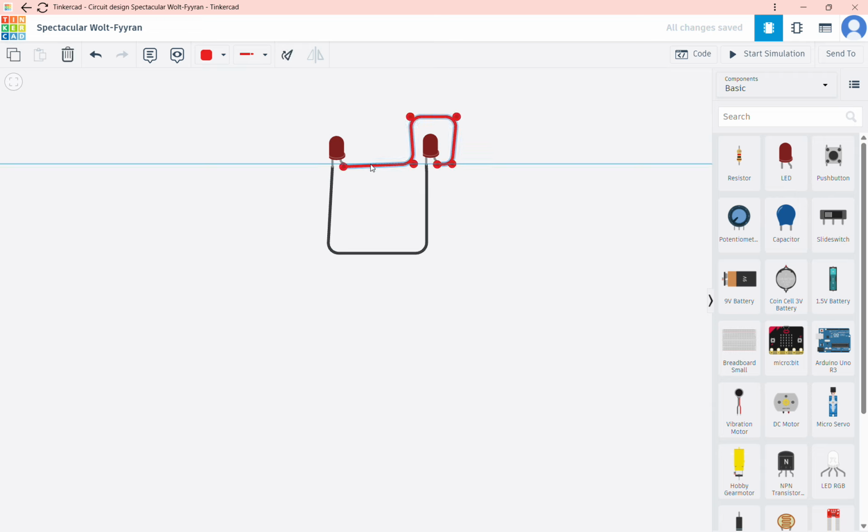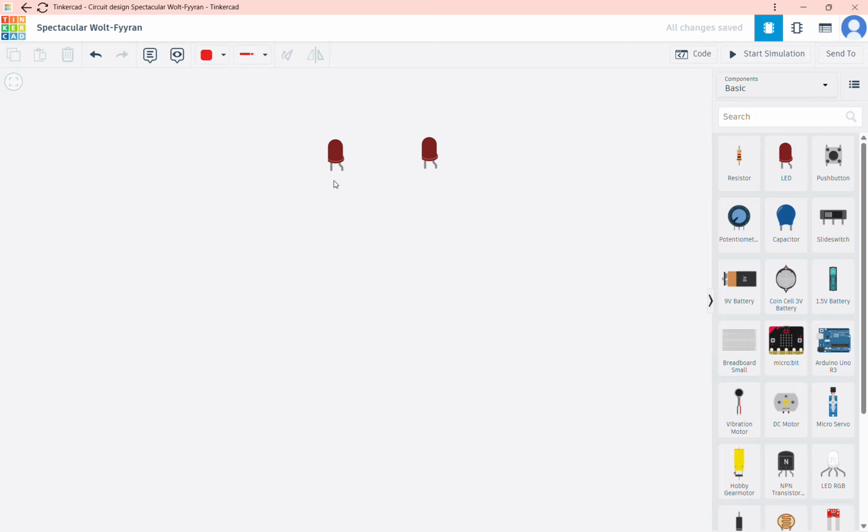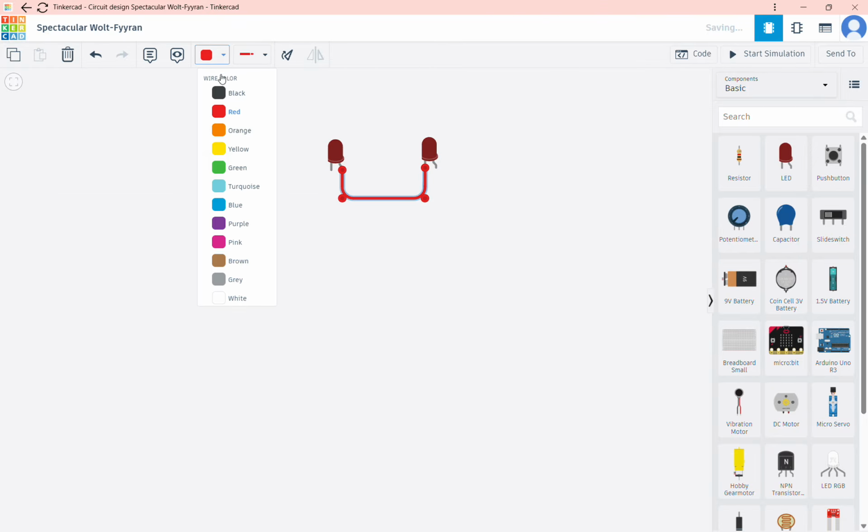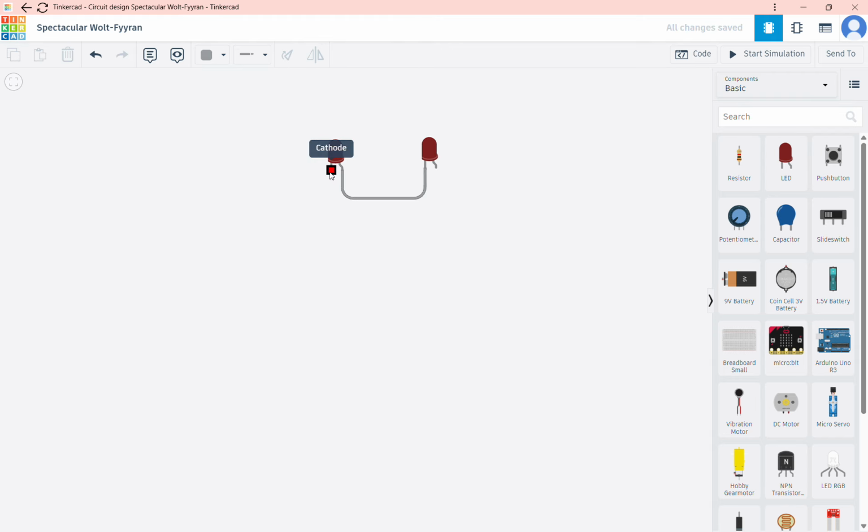And for the series connection, it's quite simple. It's the same as the active. Connect the anode to the cathode of the next component, and we change this to maybe gray again, since it doesn't have any association.